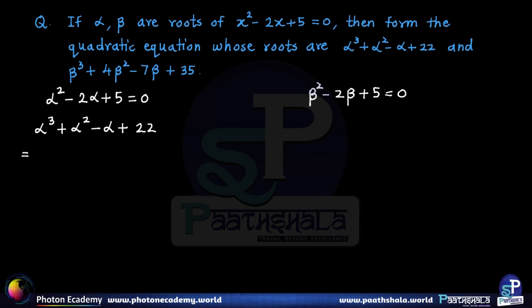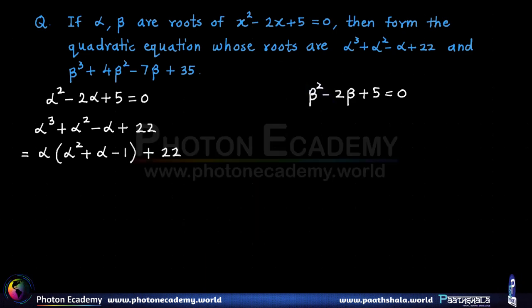Now from the first three terms, if we take alpha common, we are left with alpha into (alpha square plus alpha minus 1), bracket complete, plus 22. Now since we know that this particular expression is equal to 0, if we try to adjust that in the bracket, then it will definitely simplify the calculation.